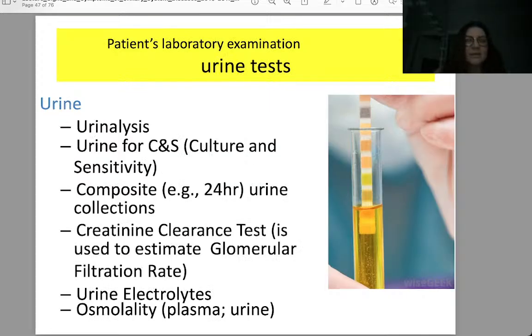In urine tests, we check general urine analysis, urine for culture and sensitivity. Composite urine collections, usually we use 1-day or 24-hour collections. The very important test is the creatinine clearance test. It is used to estimate GFR or glomerular filtration rate. We check urine for electrolytes and osmolarity, both plasma and urine.